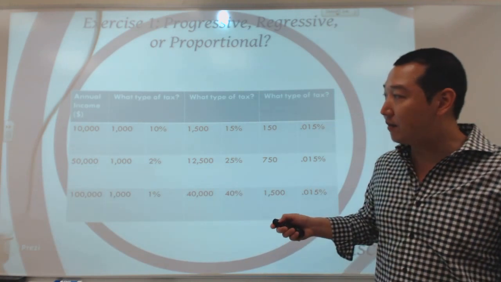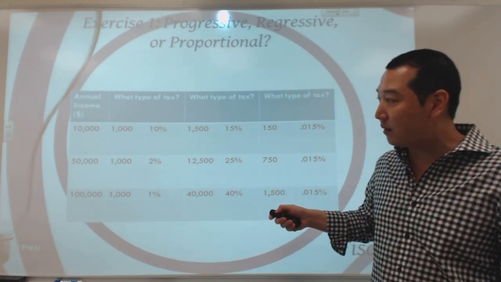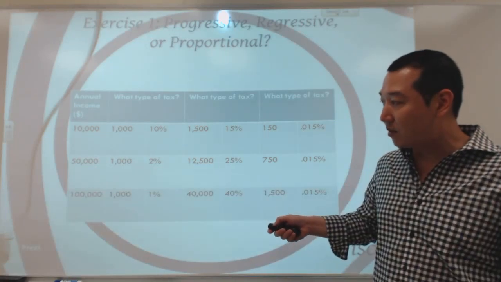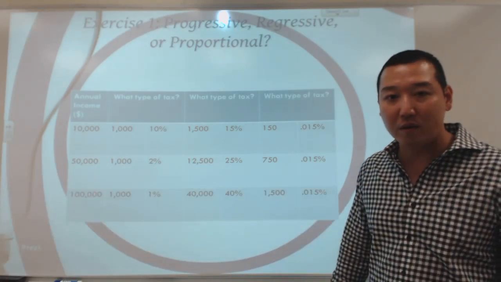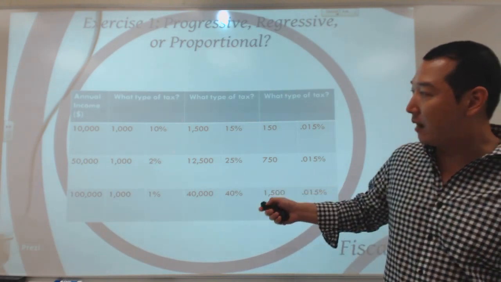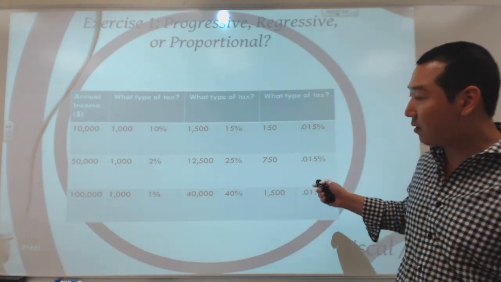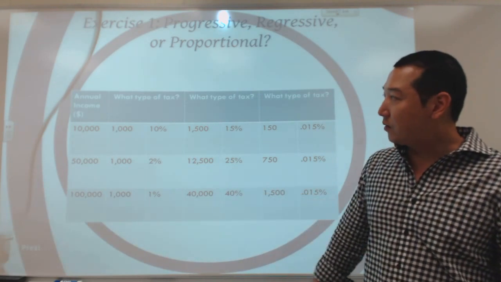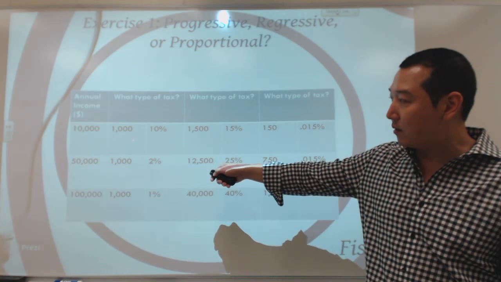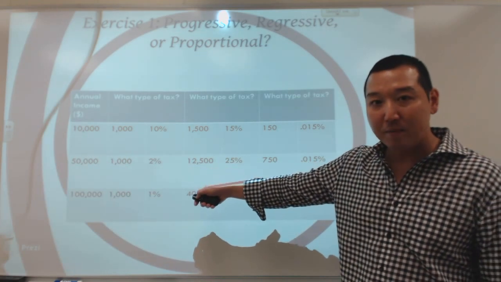You'll note that you have, just to reiterate this point, three different workers with three different income levels, $10,000, $50,000, the $100,000 worker, and you have three different types of taxes in three different columns or sets of columns here. You'll note that in this first set of columns, everyone seems to be paying the same amount of tax, right?